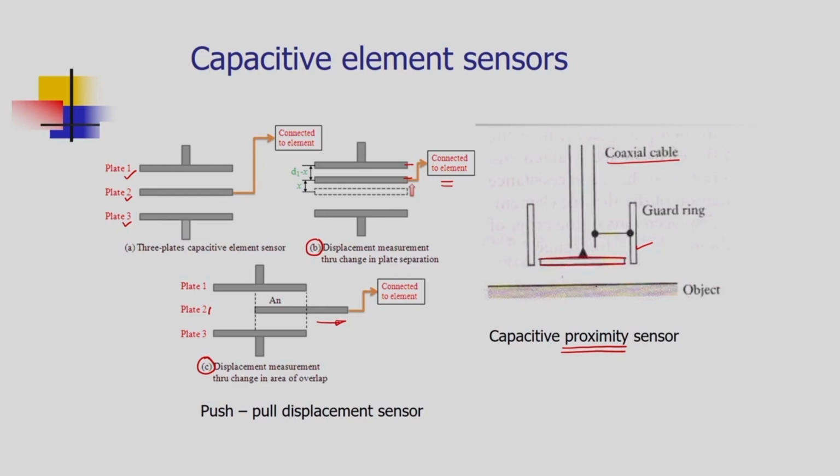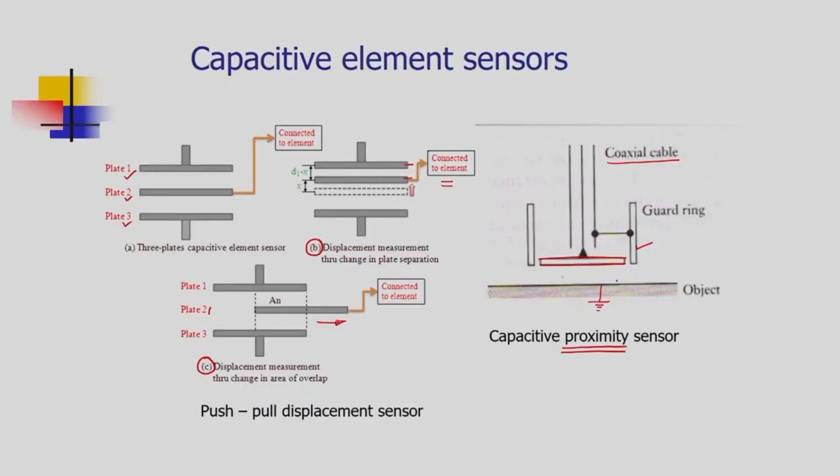When this charge plate comes closer to an object, which is an earth object connected to the earth, the capacitance between these two objects will change, and that triggers a signal, which may be utilized to take action. These kinds of sensors are used as proximity sensors for automated guided vehicles.